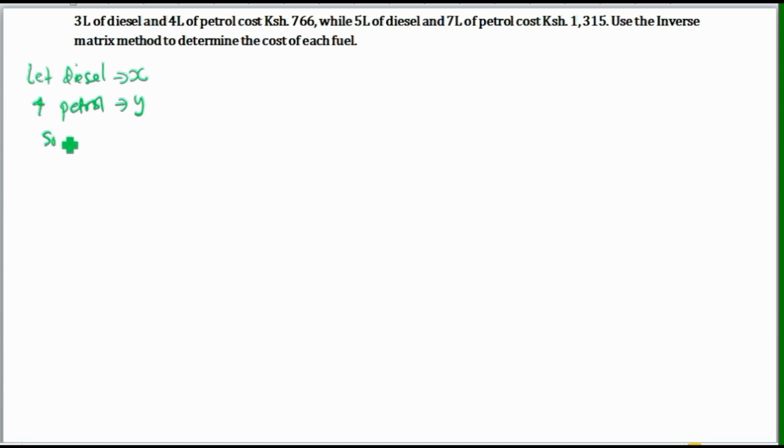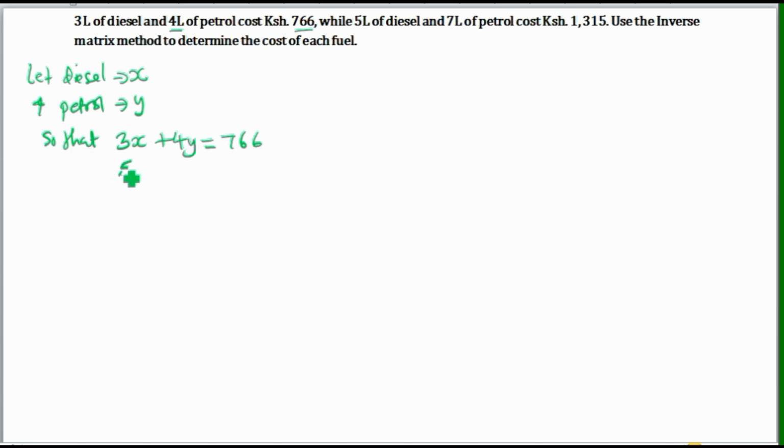So that 3 liters of diesel will be 3 times X, which is 3X, plus 4 liters of petrol, that is 4Y, is given as 766 shillings.